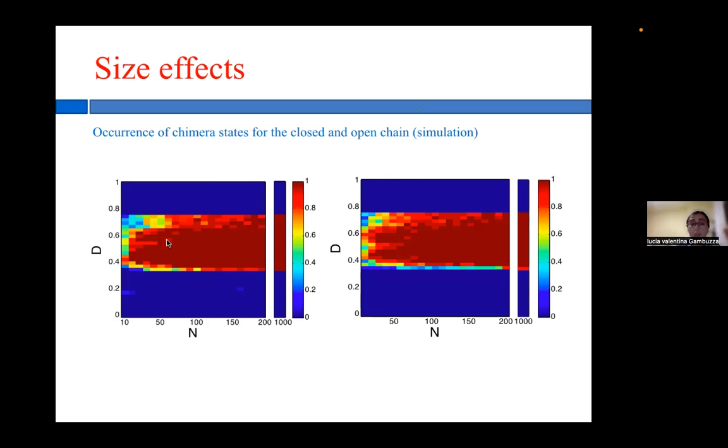And in simulation, we have found that the chimera states are stable, and here is reported the probability of occurrence of chimera state by changing the size.